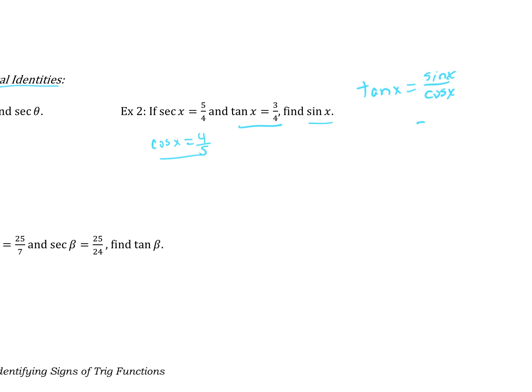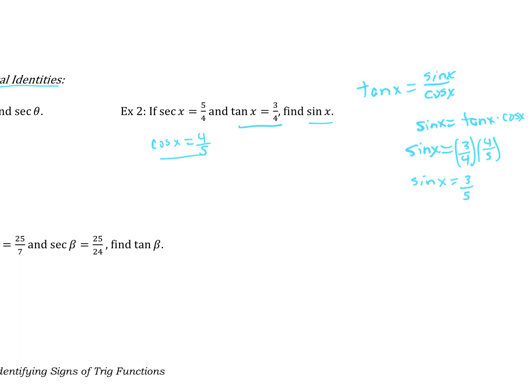So remember we decided that we could write this as sine is equal to tan of x times the cosine of x. So sine of x is tangent of x, which is 3/4, times cosine of x, which is 4/5. So we can divide out, I guess I should say. The 4's divide out, and we're just left with 3/5 for our sine value.